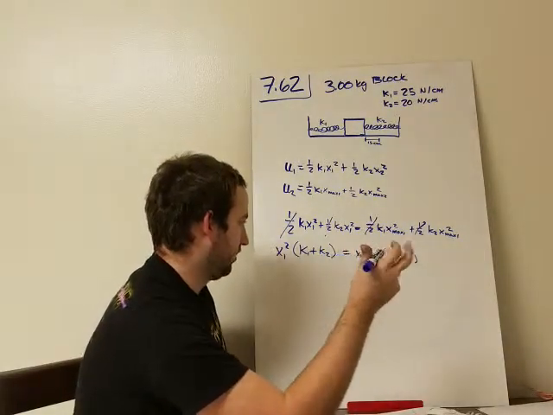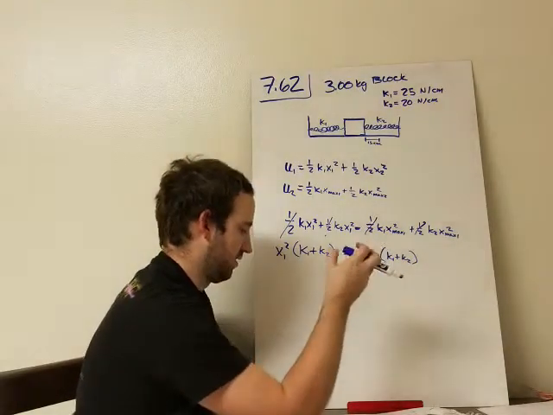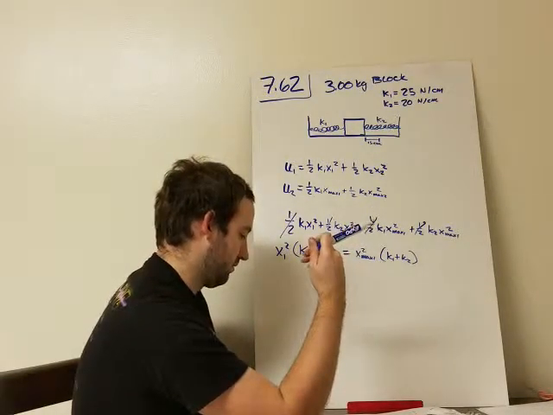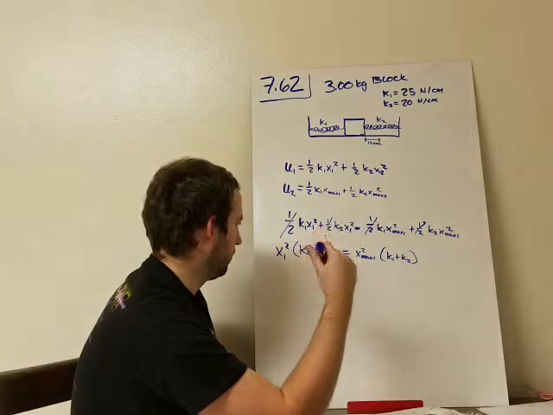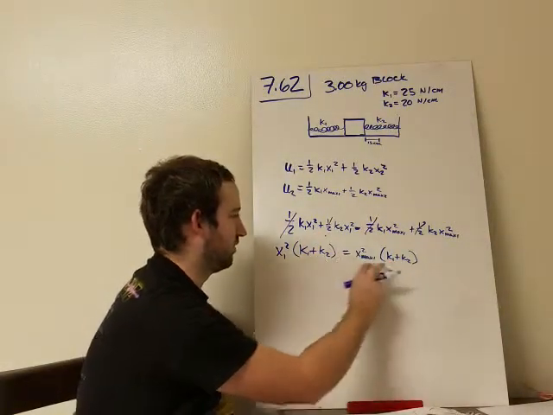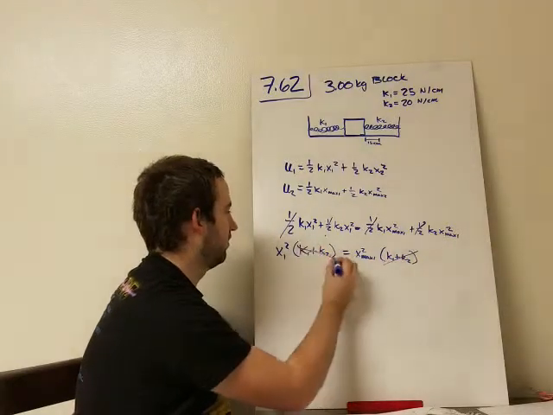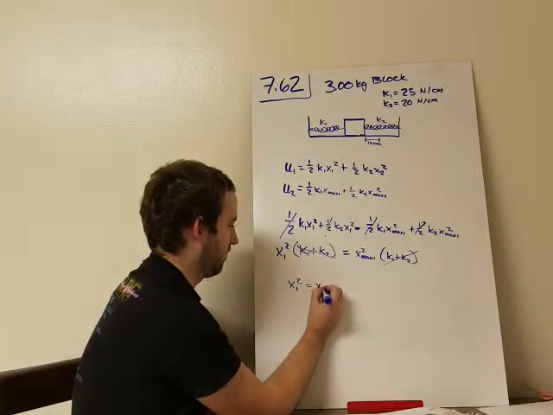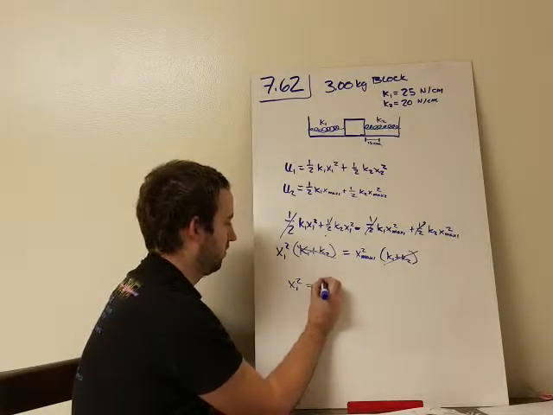So now all we need to do is solve for the x1. And really what we end up doing, since these are both the same, these cancel. So really we end up with x1 squared equals x max 1 squared.